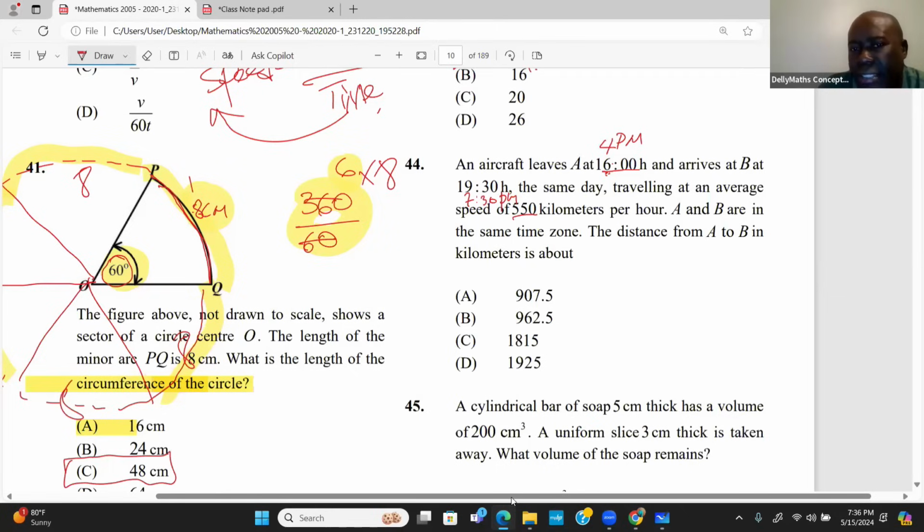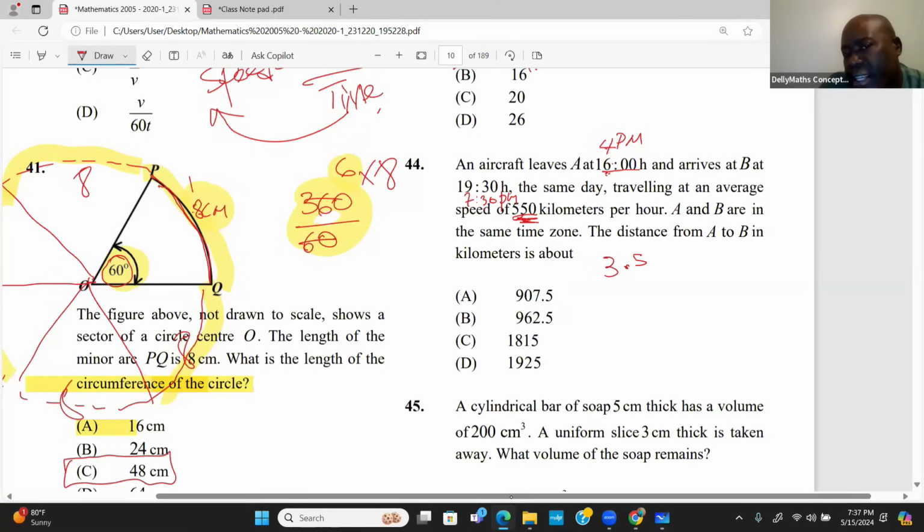A and B are in the same time zone, the distance from A to B. All right. So he's traveling this amount every hour. So all you need to do is find out how many hours he was traveling. So you travel from 4 to 7:30. That's 3.5. He was traveling 3.5 hours.